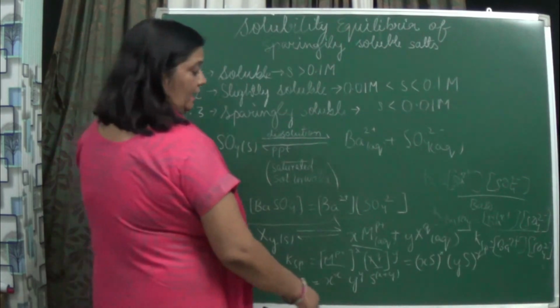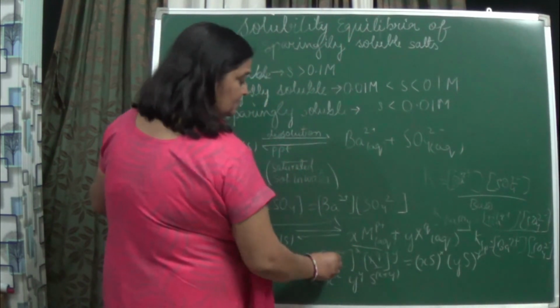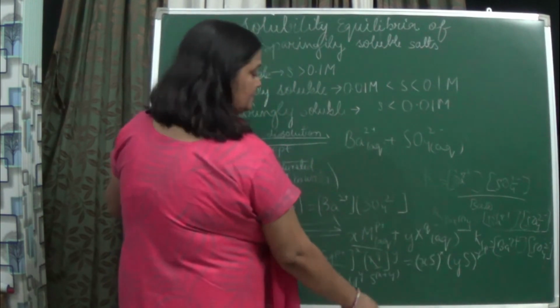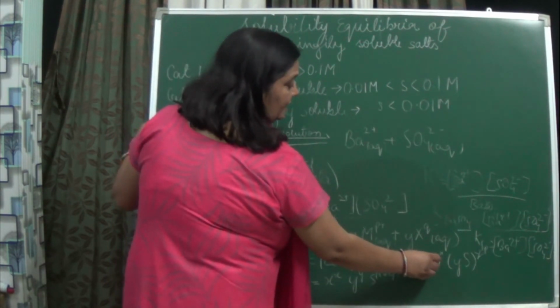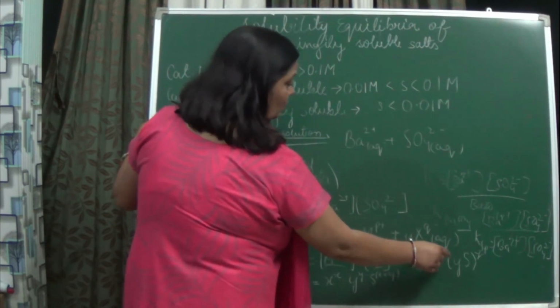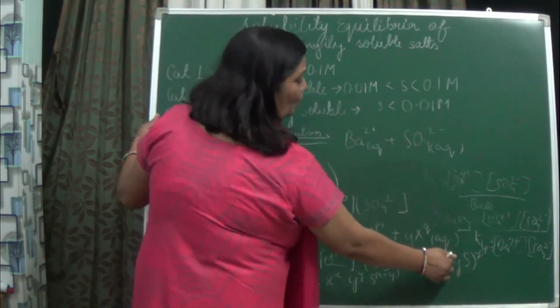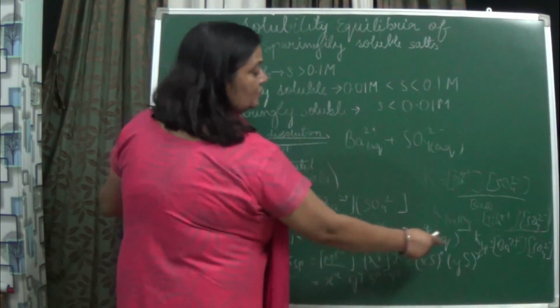Now in this we are actually talking only about the solubility. So here the solubility of each will be S, but how much is it? It is x, isn't it? (xS) to the power x, because we are taking the coefficient, and (yS) to the power y, the coefficient.